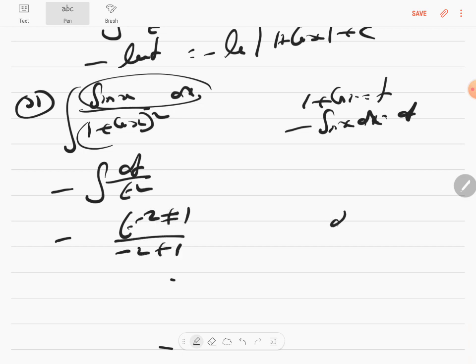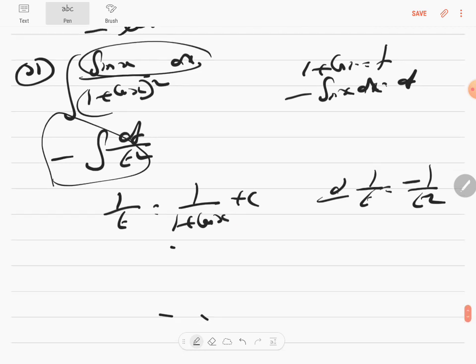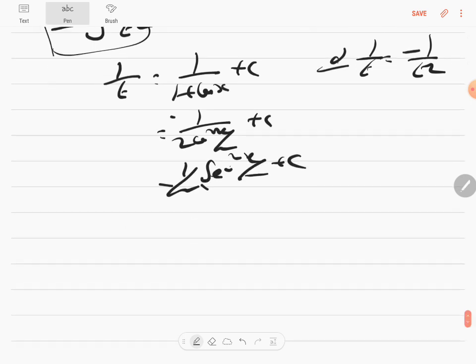You know, differentiation of 1 by t is minus 1 by t square, so it's just plus 1 by t, which is 1 by 1 plus cos x plus c. Correct? You can also write 1 plus cos x as 2 cos square x by 2, so the answer is 1 by 2 into secant square x by 2 plus c.